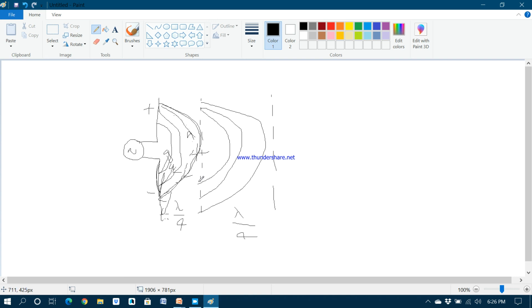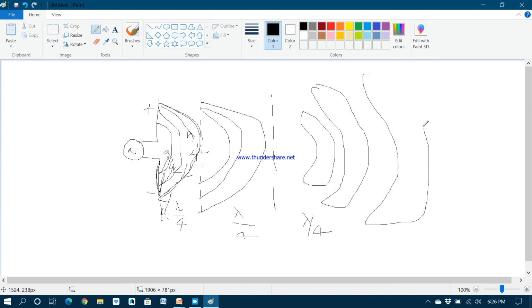After some lambda by 4 time, again the waves are encircling, one positive, one negative. If you observe again, this wave hitting here will again be reflected here.